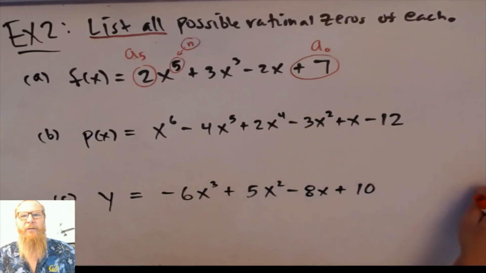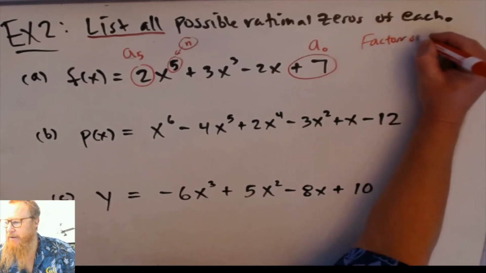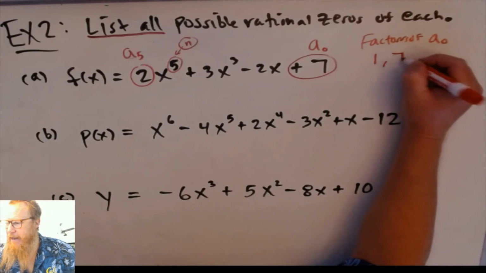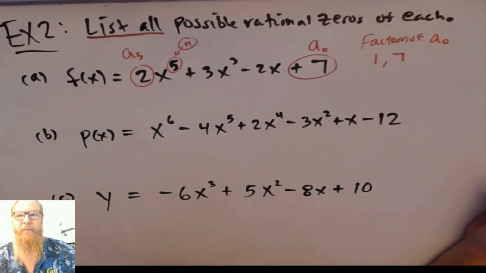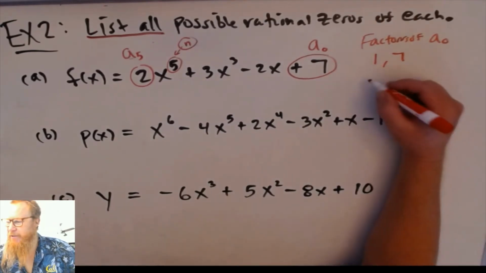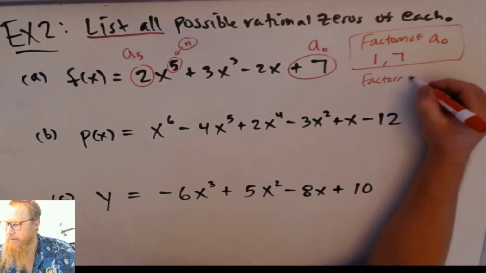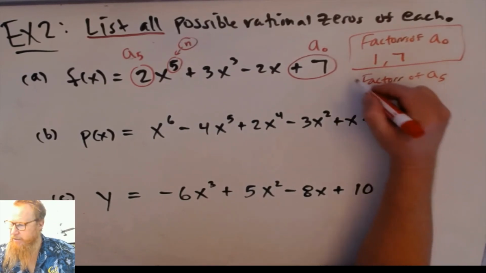So let's do a little scratch work, okay? Factors of a0 are 1 and 7, plus or minus. I'll put that in later. Factors of a5 are 1 and 2.